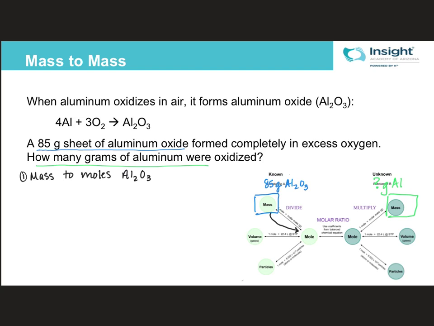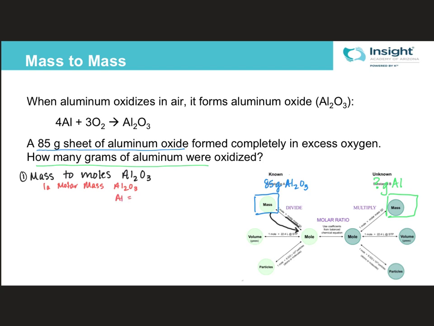Now, that has a little bit of extra work to it because we need to calculate your molar mass. It's kind of like we have a 1A and a 1B. So 1A, molar mass, Al2O3. I'm going to look up aluminum.